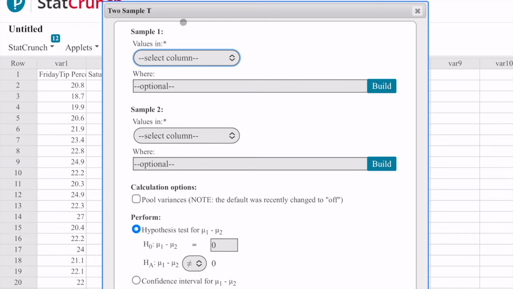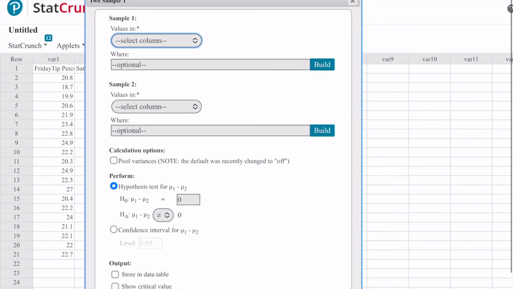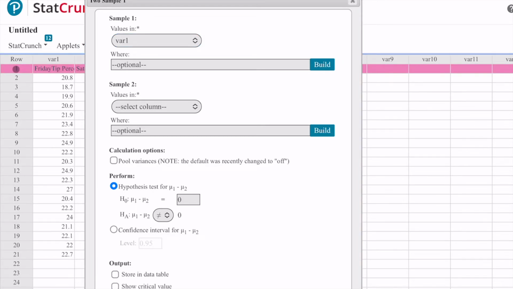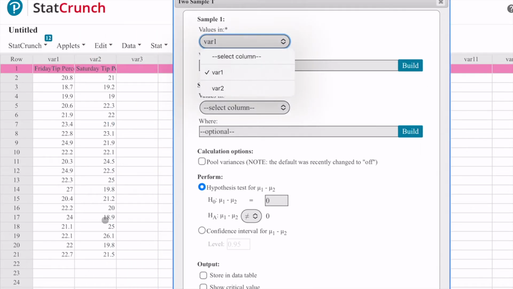So first of all, they want to know about sample 1. Where are the values located in sample 1? Well, they are located in the variable 1 column because we said Friday tips were sample 1. And in fact, what I should probably do here is clear this out because that might mess up our data.